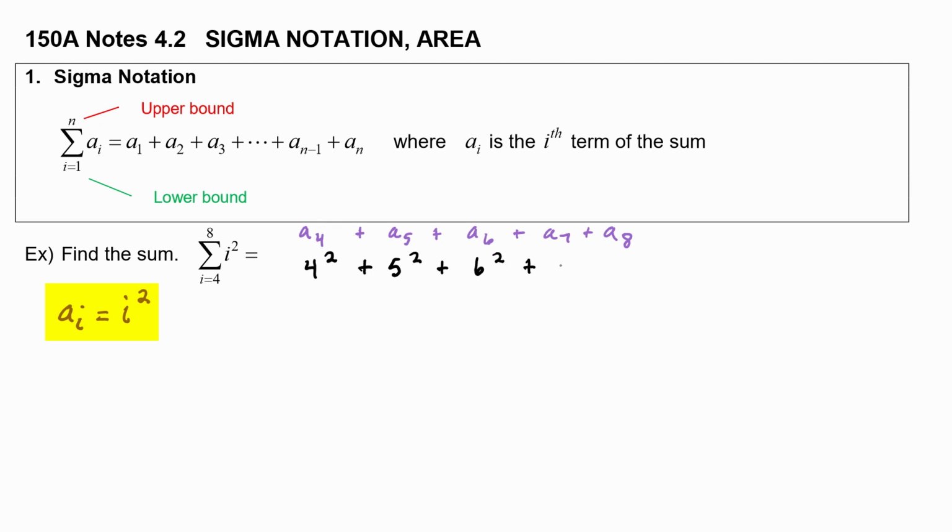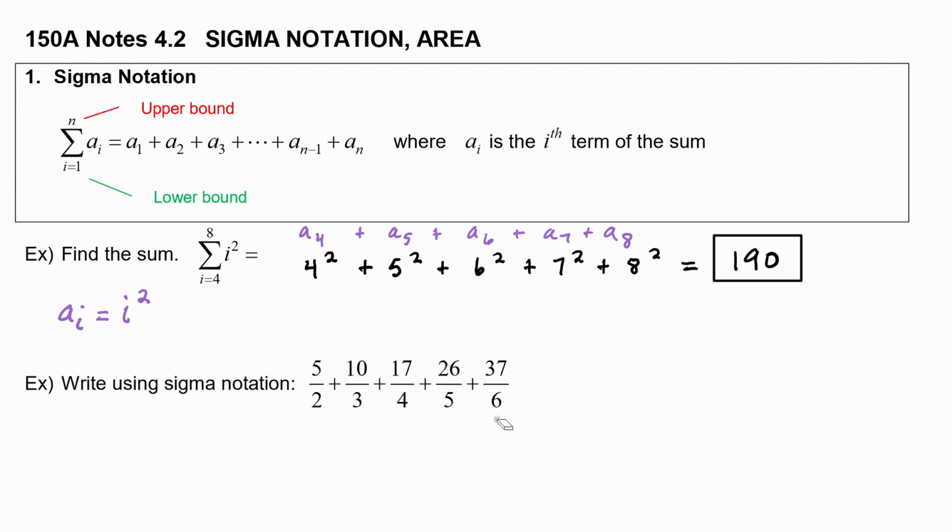And the seventh term will be 7 squared, and the eighth term is 8 squared. And then it's just a matter of adding up all those values, and this equals 190. So the outcome of a summation, when we know what the terms are, is a numerical value.